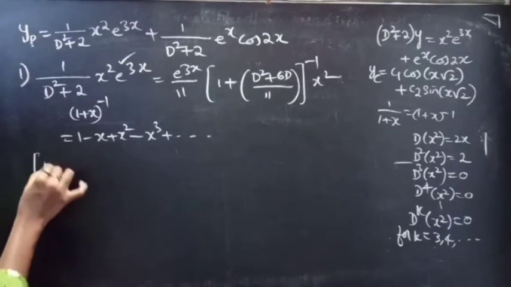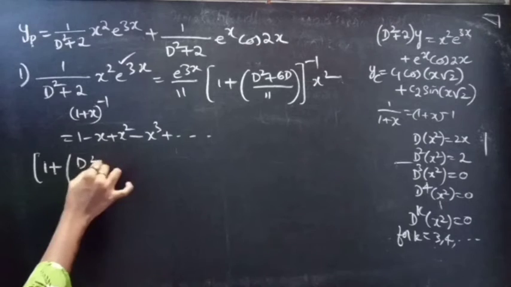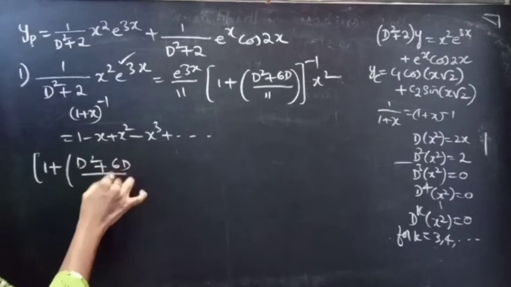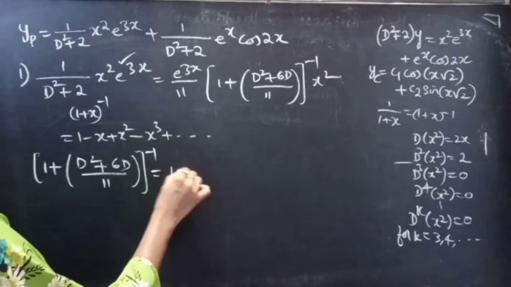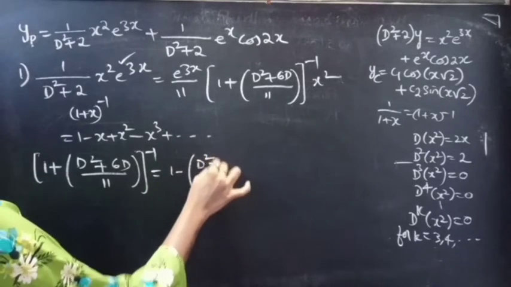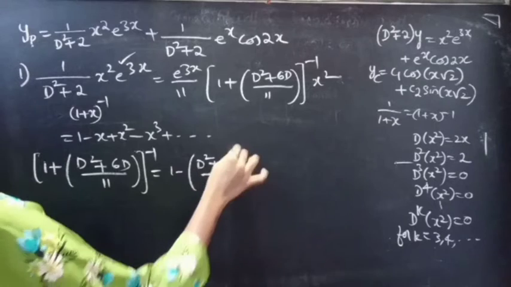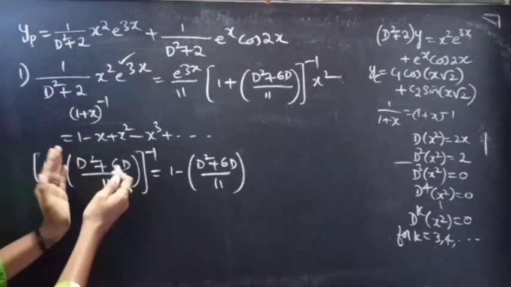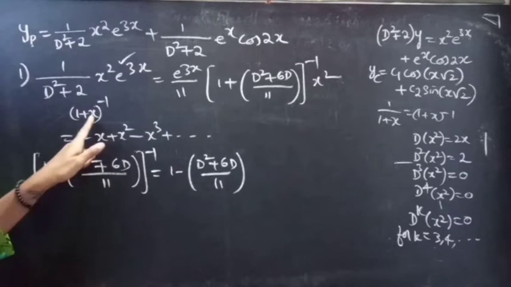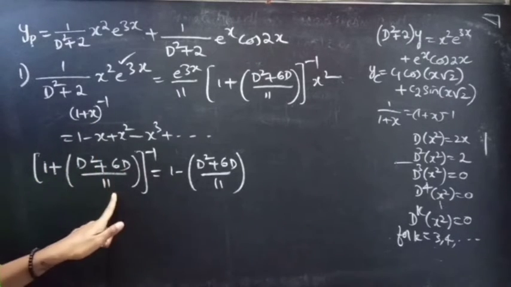So let's expand (1 plus d square plus 6d by 11) whole inverse using this series. 1 minus d square plus 6d by 11, just compare 1 plus x with 1 plus d square plus 6d by 11. Then for x equals to d square plus 6d by 11, we'll expand this.